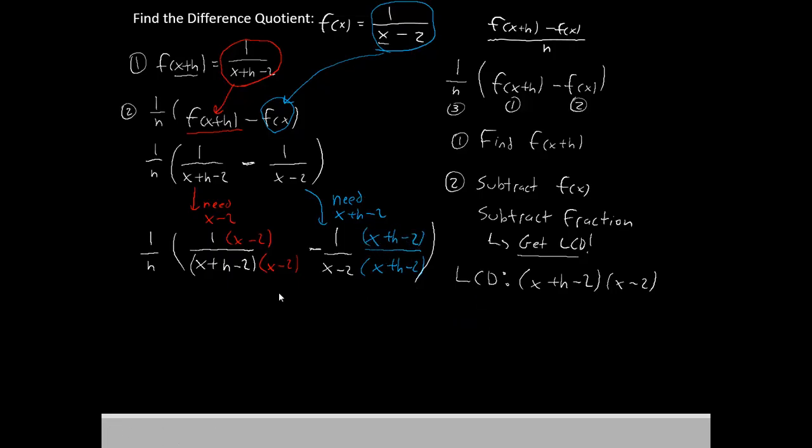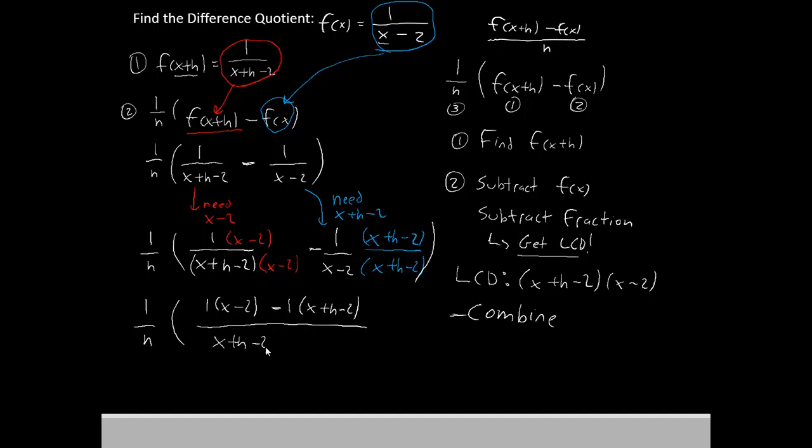Now that we have the same denominator on both of the fractions, it's okay to combine them. So now we'll still have the 1 over h on the outside, but now we'll have 1 times x minus 2 minus 1 times x plus h minus 2, and that entire thing is going to be over the LCD, seeing as how they both have the same denominator. x plus h minus 2 times x minus 2.